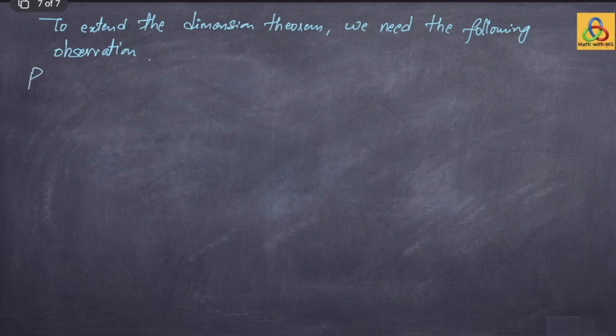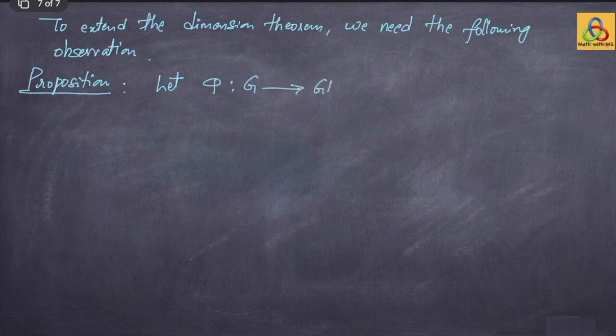So in order to extend this result, we need the following basic observation. Let us write it in the form of a proposition. Let phi from G to GL(V) be an irreducible representation of a finite group. All our representations are finite in this course.